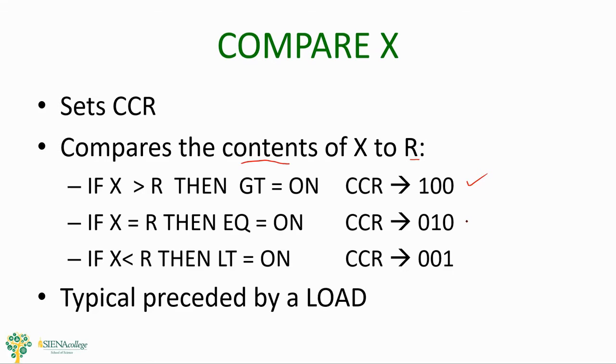If the contents are equal, it's set to 010. If the contents of memory address X is smaller than the contents of the register, the CCR is set to 001. We will typically precede the compare by a load.